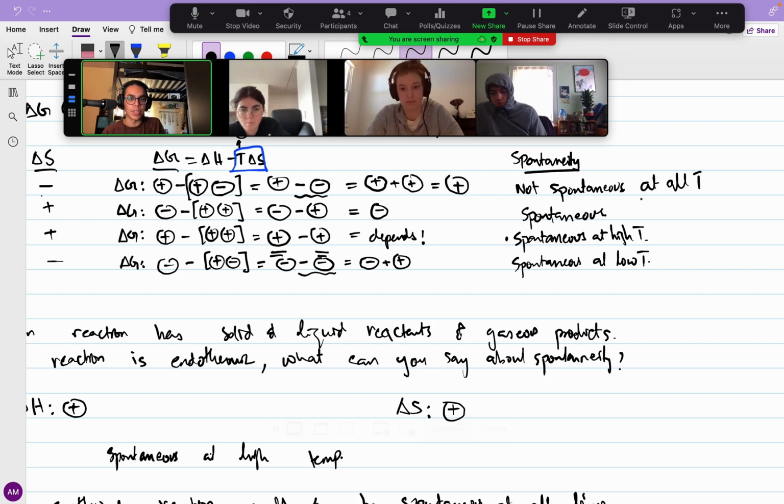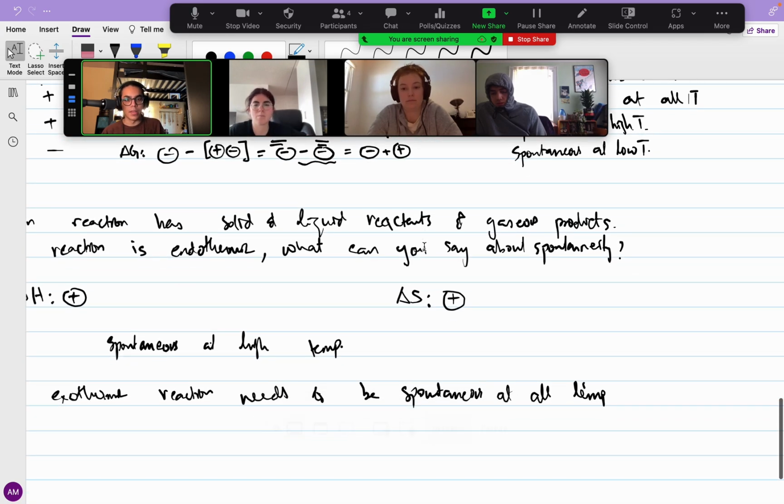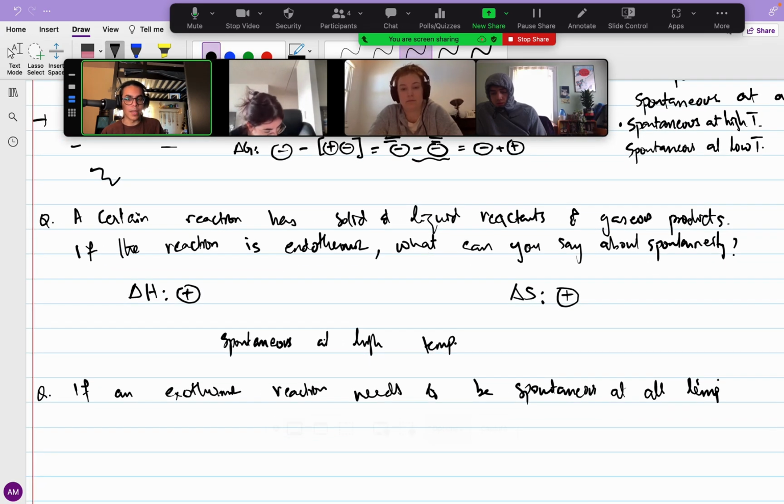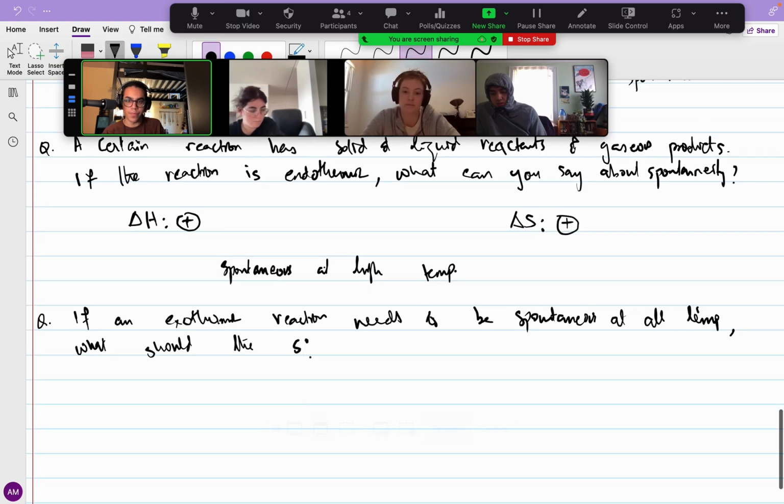There was no temperature dependency in the first two cases. So add that. Needs to be spontaneous at all temperatures. What should the sign on delta S be?